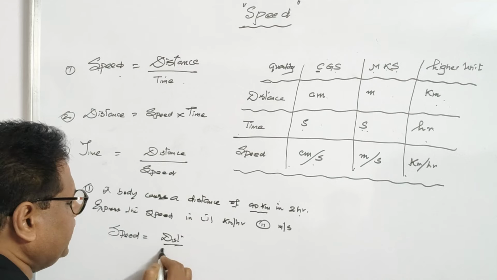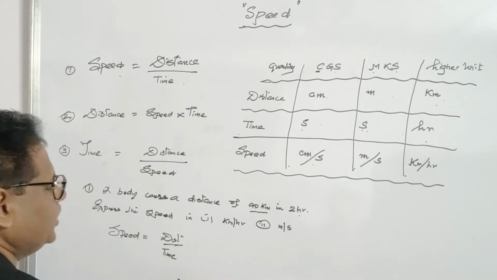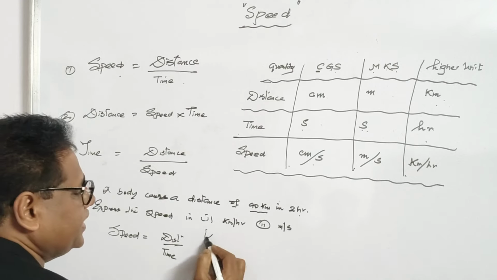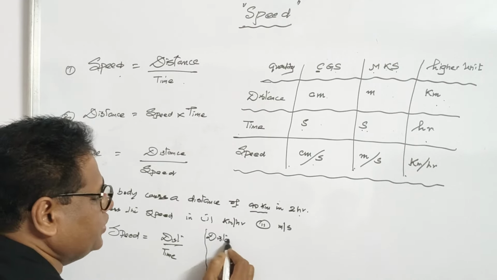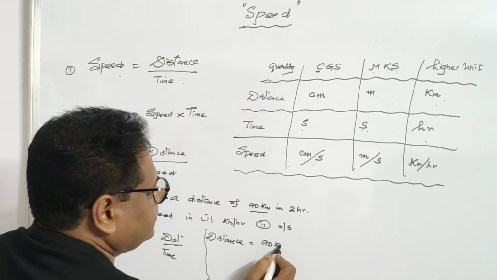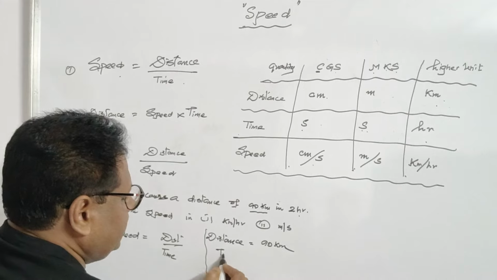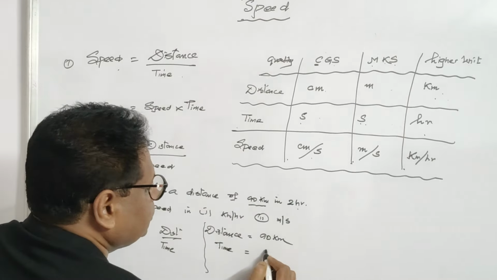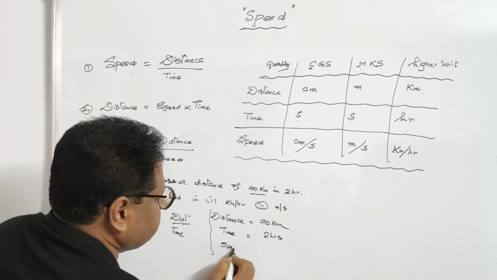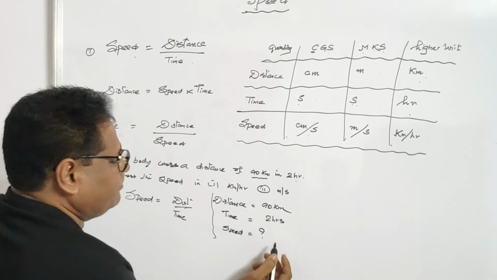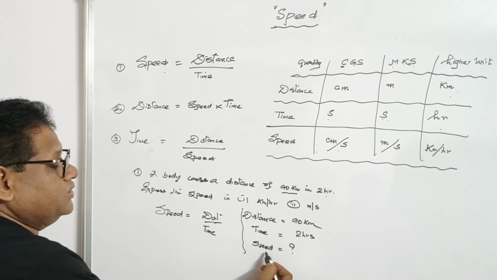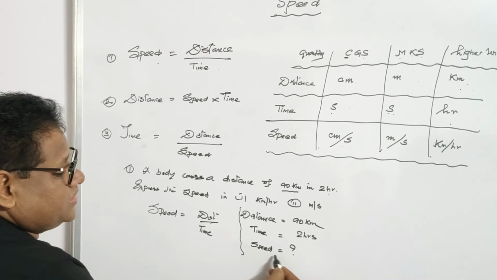You can give the detailed description of all the three parameters: the distance is given to you, 90 kilometers, the time is given, 2 hours, so the speed is missing. After writing all the parameters, you come to know that speed is the requirement.